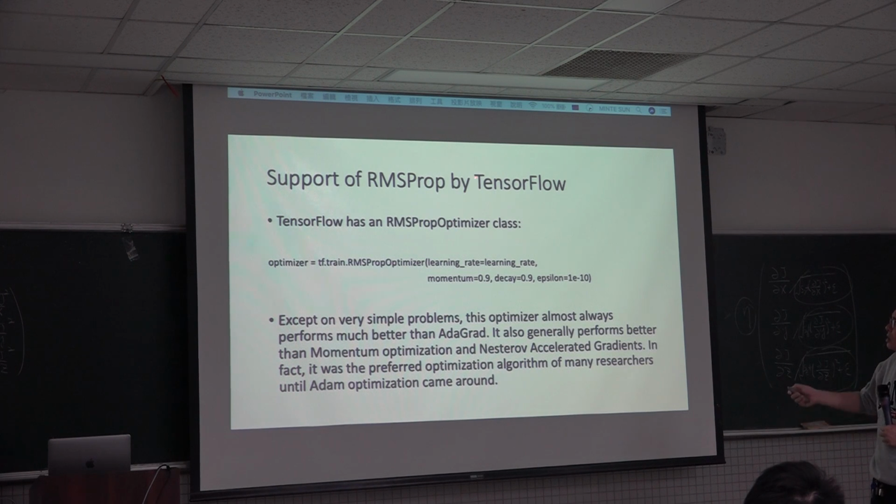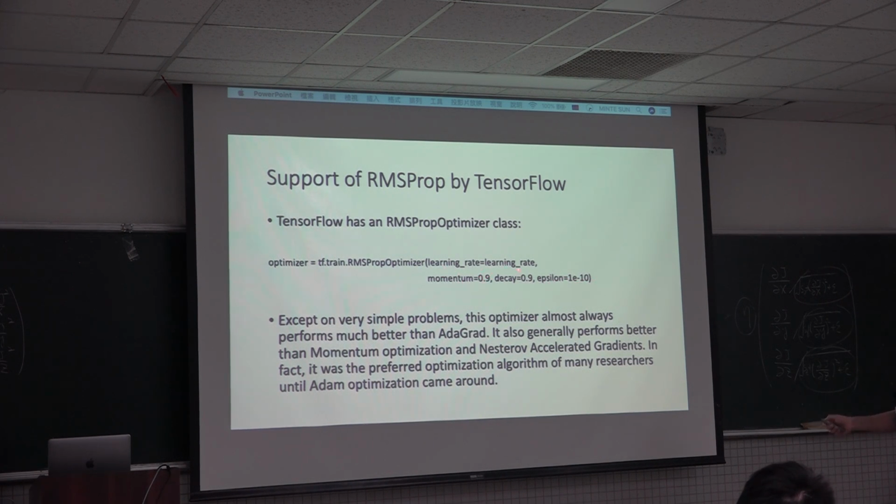So how do we implement RMSProp? It's like this. There's an RMSprop optimizer, and in here we have momentum, which is the friction, the decay, and that epsilon value.